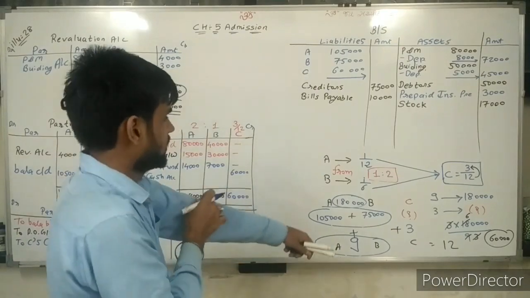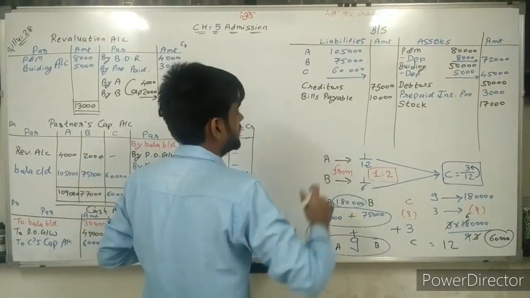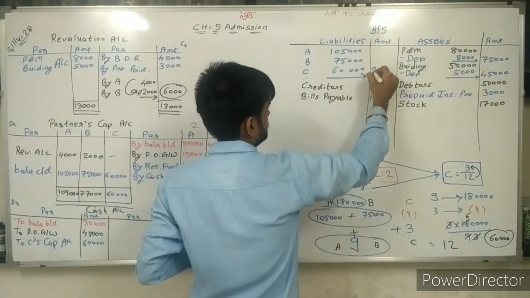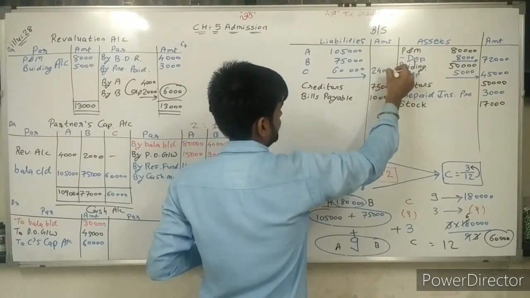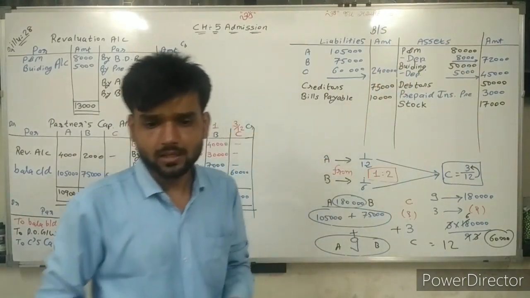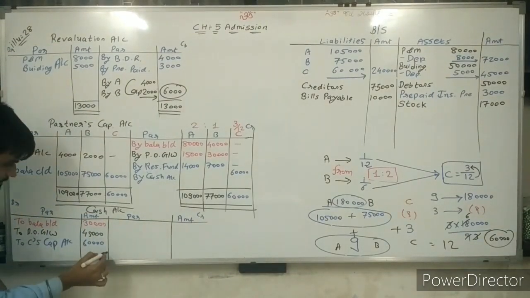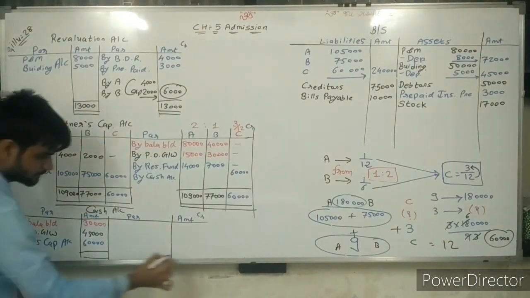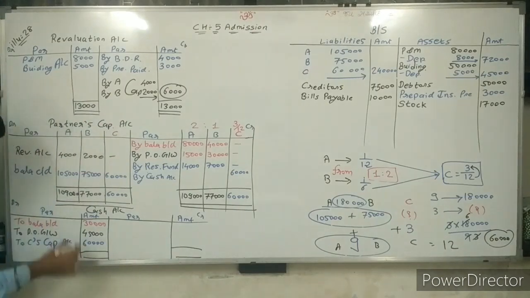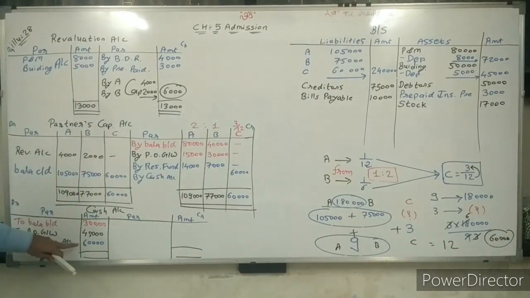So total 180 plus 60, 240. 240,000 is the capital amount. Simple. Now closing the cash account also. Total of the cash account 30, 45 and 60.